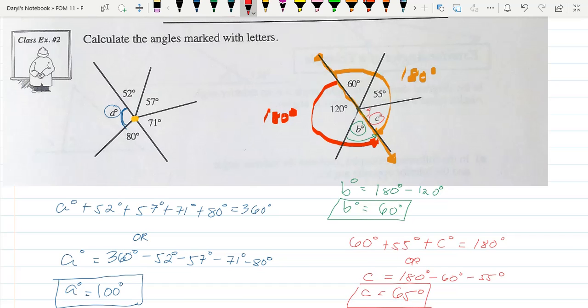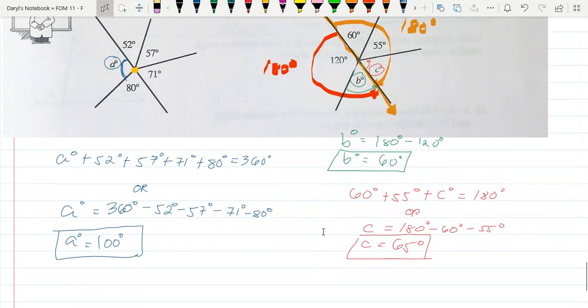Okay, if you want to check your answer, if this makes sense, you add everything up. Remember, these are just angles at a common point, so if I add everything up, that should give me 360 degrees. I can check by adding 120 degrees, 60 degrees, plus 55 degrees, plus, again, 60 degrees, and plus 65 degrees.